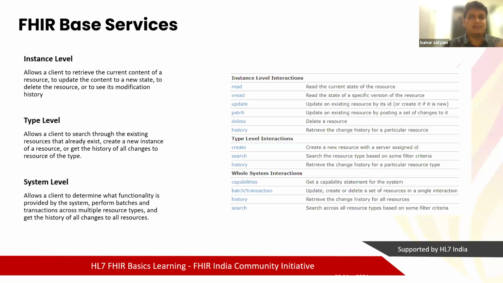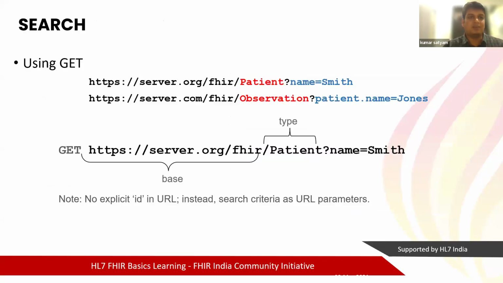What it means is there are different levels at which your FHIR servers can support operations. Some operations are supported at an instance level, like read, vread, update, create, and so on. Some are at the type level, and some are at the system level. We'll come to that. Now, search.